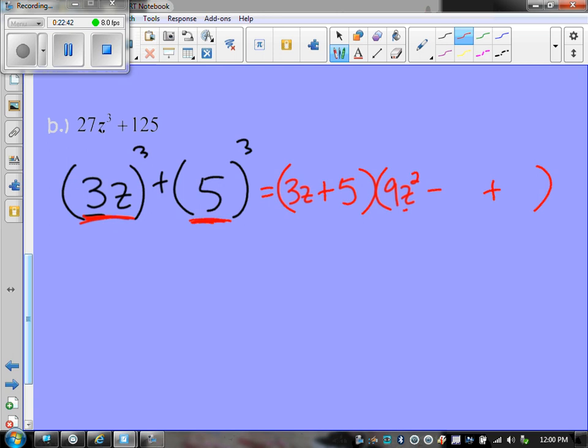Because I'm not just squaring the z, I'm squaring the 3 also. So I really have a 9z squared. Okay? The middle one is the 2 terms multiplied together. So I have a 3z times 5, so can I say 15z? And the last one is the second term squared. What is 5 squared?